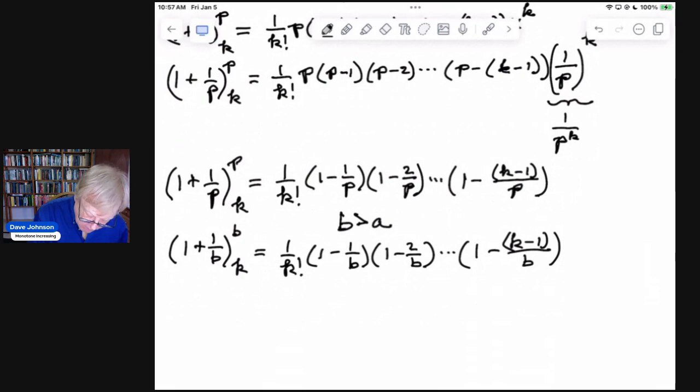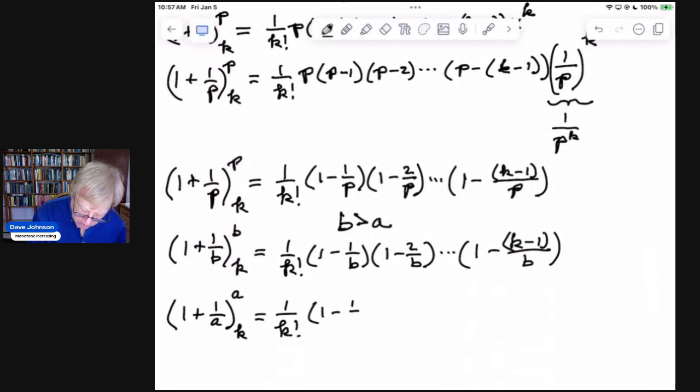And let's do the same thing with a. So 1 plus 1 over a raised to the a, and we're looking at the kth term. So this is 1 over k factorial. Again, that doesn't change. 1 minus 1 over a times 1 minus 2 over a, dot, dot, dot, times 1 minus k minus 1 over a.